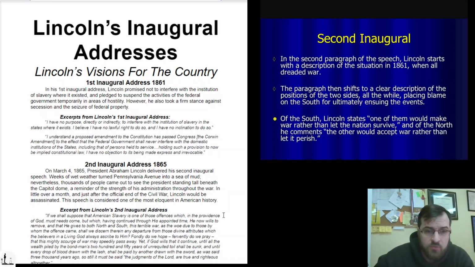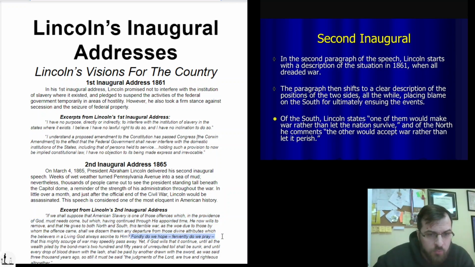If we shall suppose that American slavery is one of those offenses which, in the providence of God, must needs come, but which, having continued through his appointed time, he now wills to remove, and that he gives to both North and South this terrible war, as the woe to those by whom the offense came, shall we discern therein any departure from those divine attributes which the believers in a living God always ascribe to him?